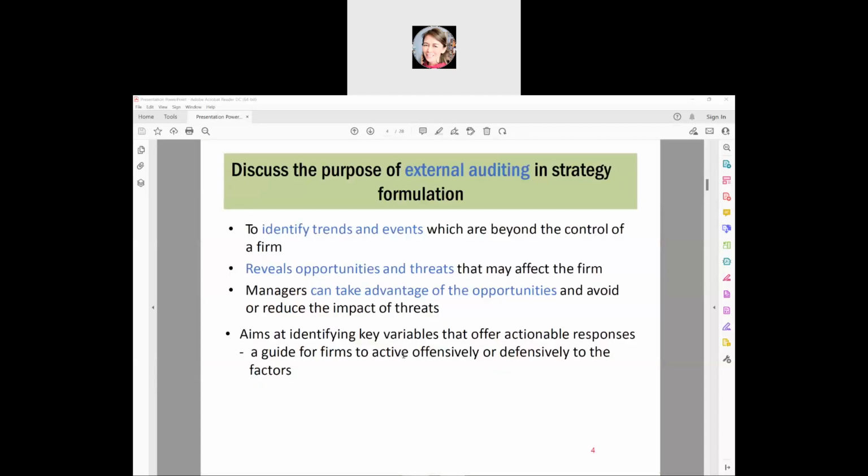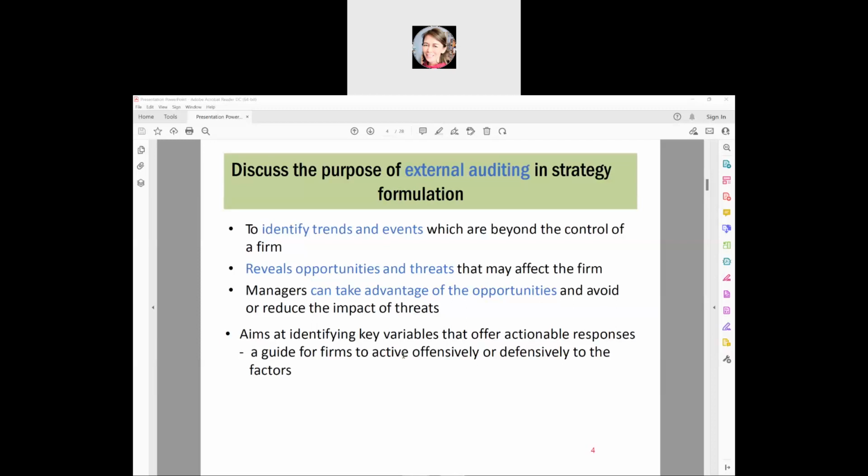Now, in discussing the first objective, which is the purpose of external auditing in strategy formulation: to identify trends and events which are beyond the control of a firm or organization. So an external audit focuses on identifying and evaluating trends and events which are beyond the control of a firm.